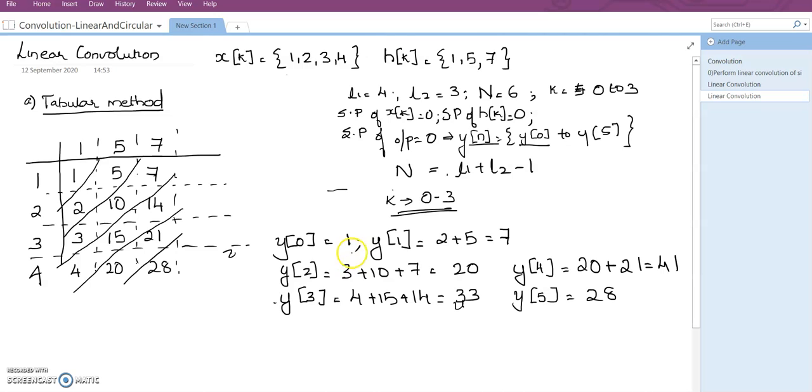So all in all, you have found the 6 elements: 1, 7, 20, 33, 41 and 28.